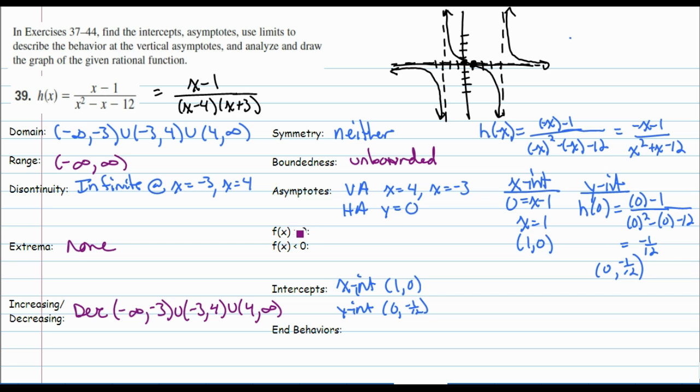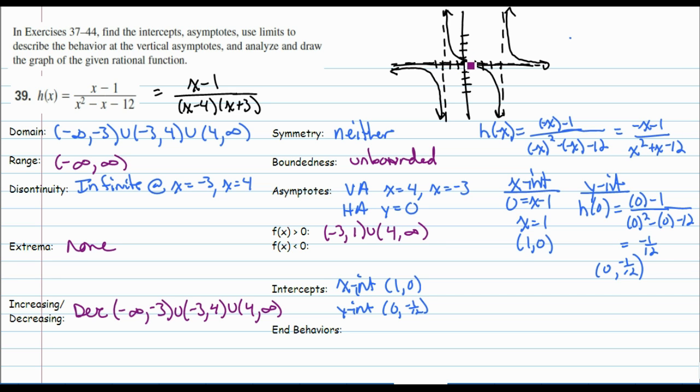The part of the function that is greater than 0, the y values above the x-axis, take place here. So from the vertical asymptote at negative 3 to the x-intercept at positive 1, and then again after the other vertical asymptote at 4 all the way out to infinity.